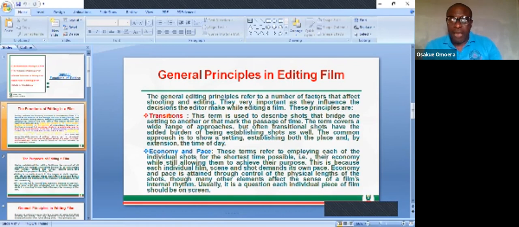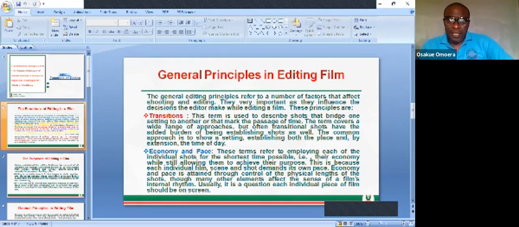We've established that editing facilitates the removal of the unwanted film footages and enables the film to be constructed from various sources and various camera takes. Let's consider the purposes of editing the film.